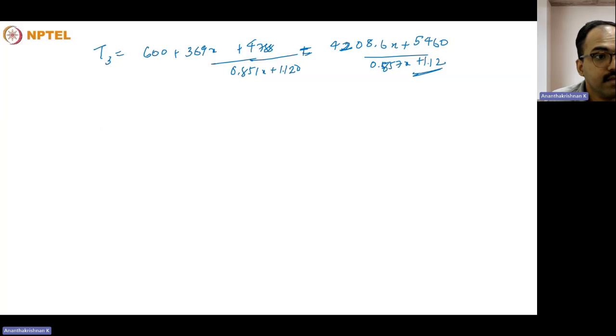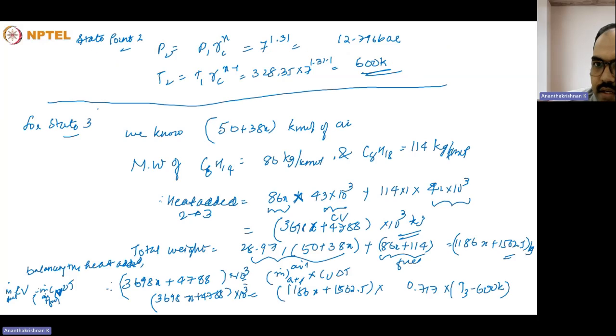Now, in the question, we have to determine the composition of the mixture. That is, we need to calculate x somehow. In this case, the maximum pressure developed is given as 115.26. We know the value of T3, T2, P2 and P3. P3 is given in the problem, and P2 we have already calculated.